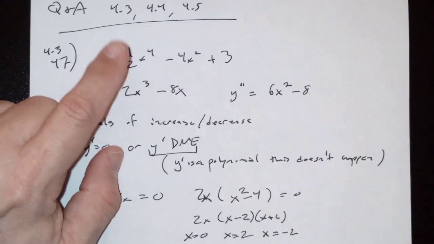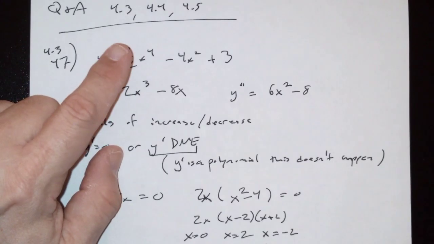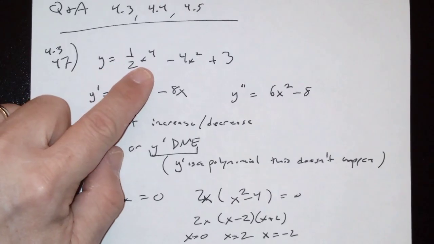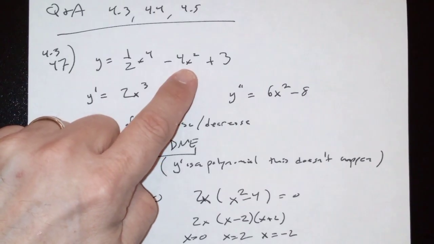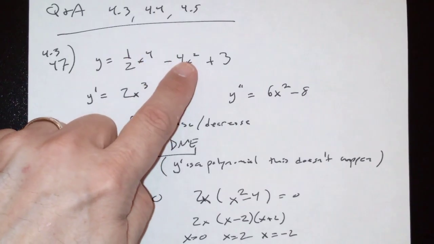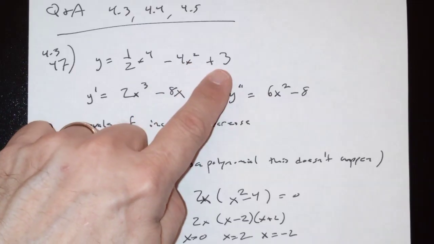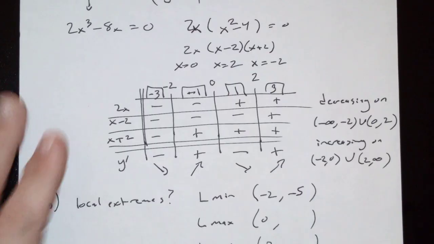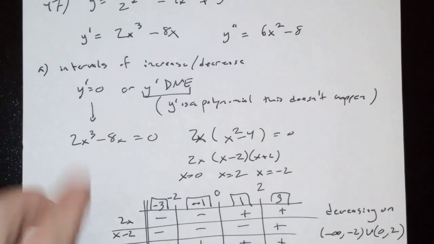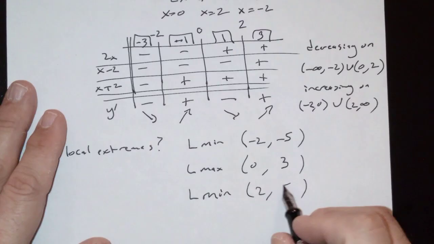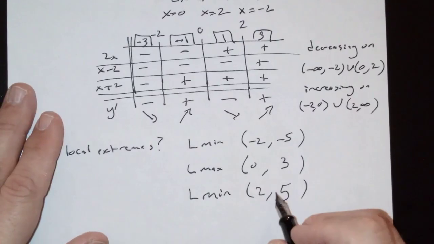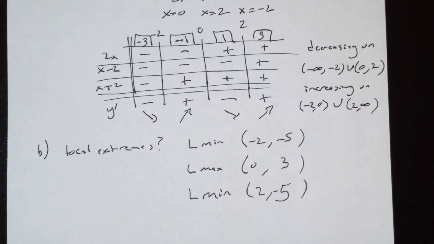If I put in -2, a half times 16 is 8. 4 times 4 is 16. 8 minus 16 is -8. Add 3, I get -5. Put in 0. 0 minus 0 plus 3. And when I put in 2, it turns out to give me the exact same value as when I put in -2.